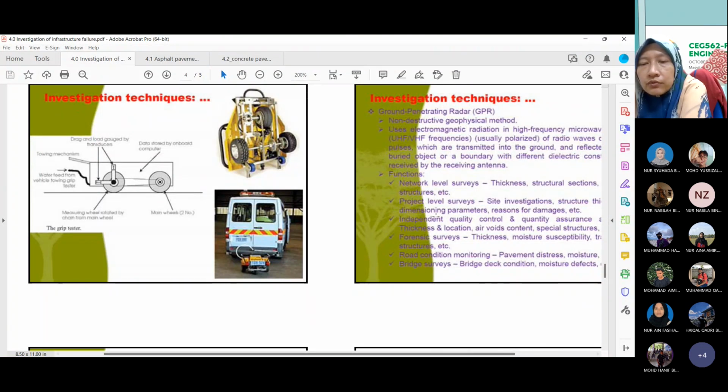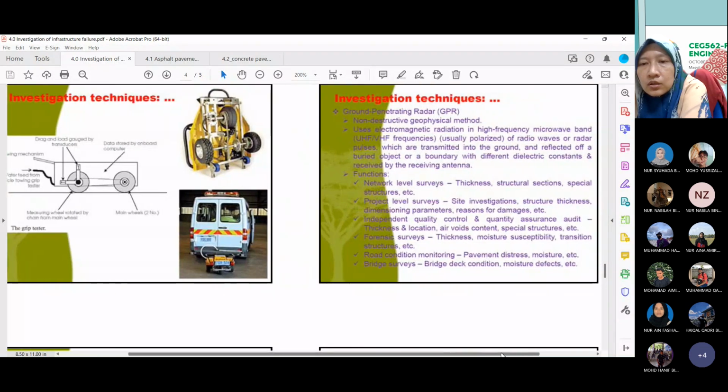So it is very functional for network level surveys to determine the thickness and the structural section, and it can also be used as an independent quality control and quality assurance audit, to find the locations, the air voids content, special structures, and to conduct forensic surveys. The forensic survey determines thickness parameters, moisture susceptibility, transition structures, etc.